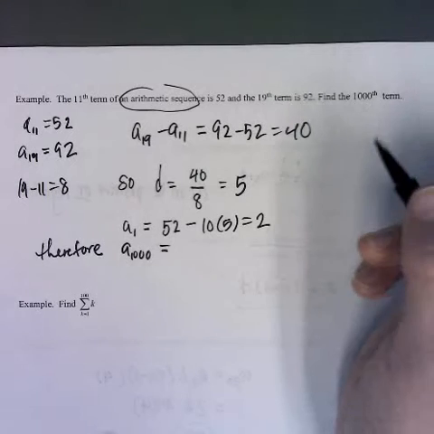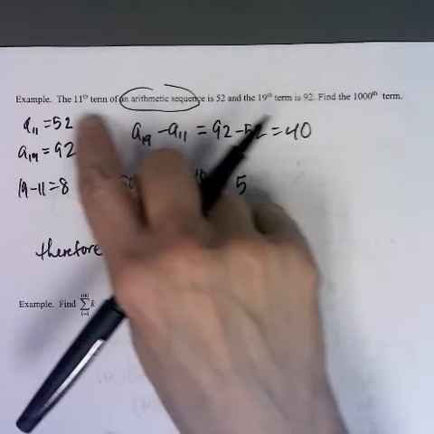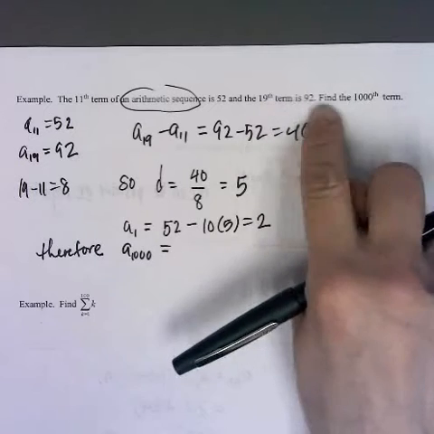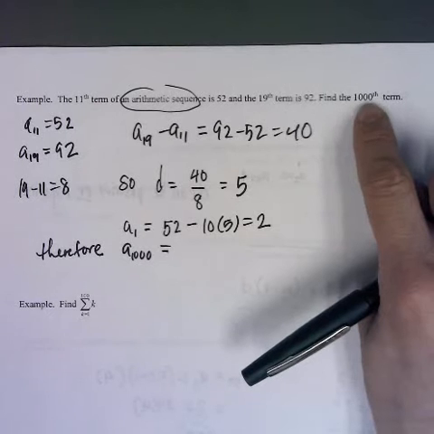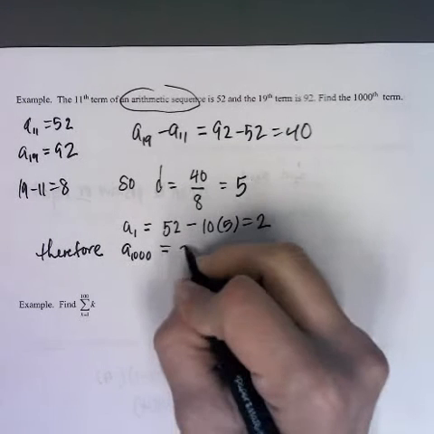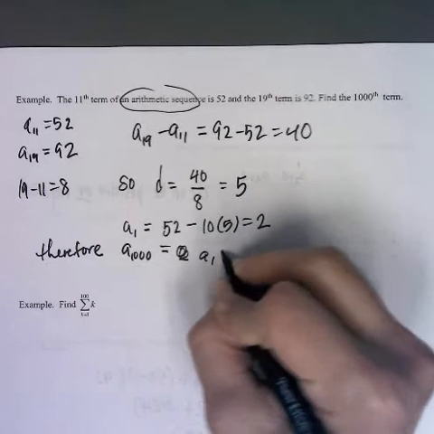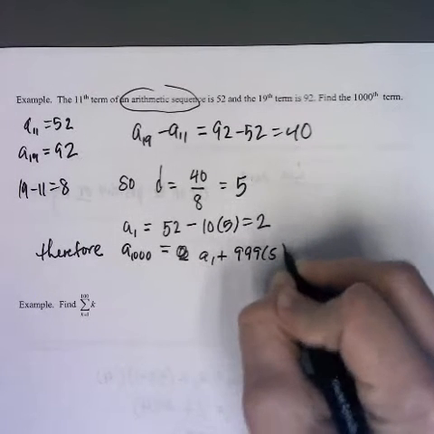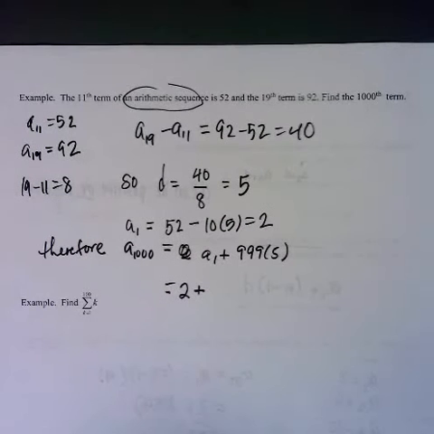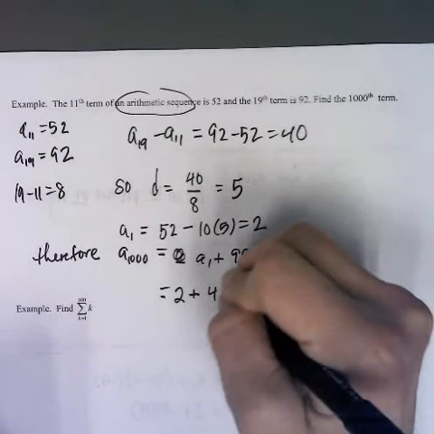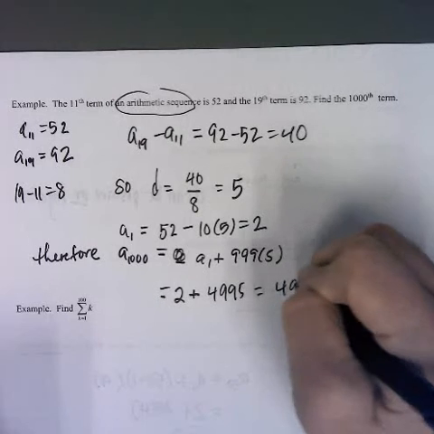Or you could just start with the 11th term or the 19th term and then add enough to get you up to the 1000th term. But I'm going to use a sub 1 plus 999 times 5, which is, like we said, 2 plus, what's 999 times 5, well, 4,995, so 4,997.